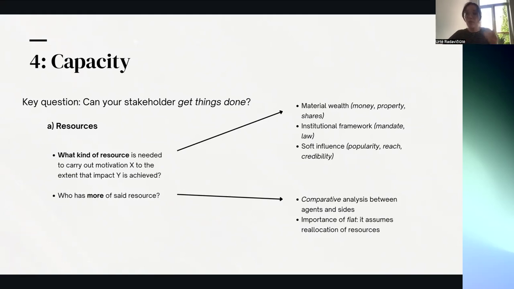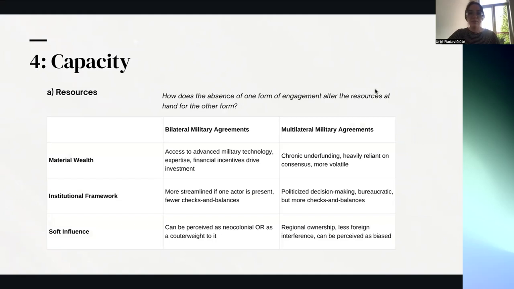And in a lot of debates, both in opposition and in proposition, you have to think about how fiat affects the allocation of resources or the extent of, say, attention, financial aid that someone or something receives. So this would be an example of a sort of comparative analysis that you could do between stakeholders in a debate about military agreements.